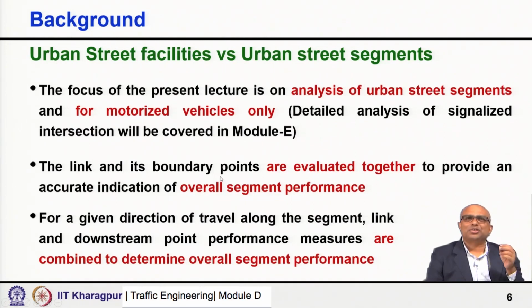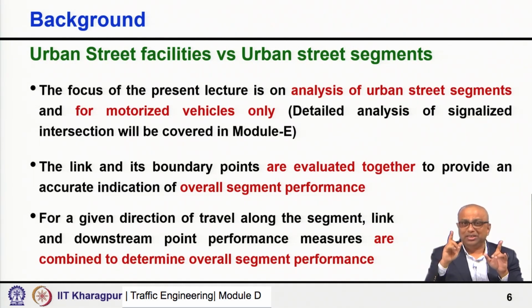Now, the link and its boundary points are evaluated together to provide an accurate indication of the overall segment performance. We cannot take out one element from the other. Here it is important to mention that for a given direction of travel along the segment, link and downstream point performance measures are combined.